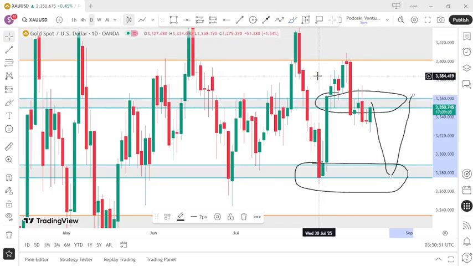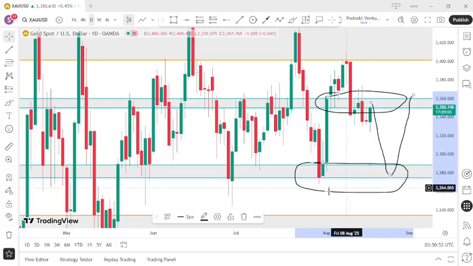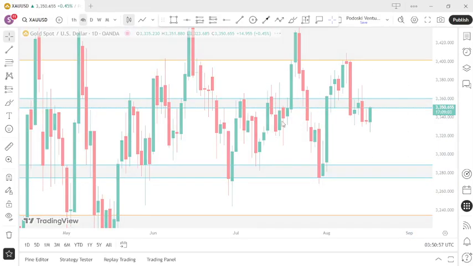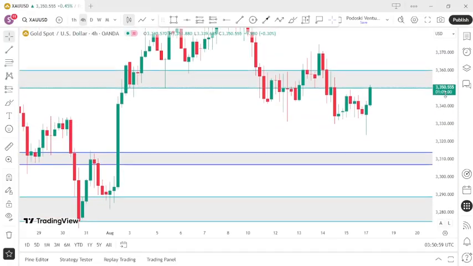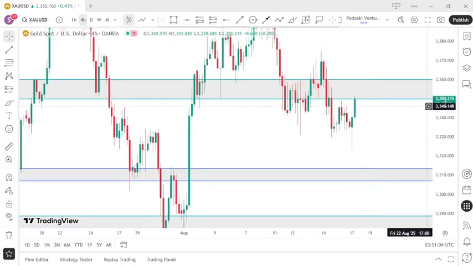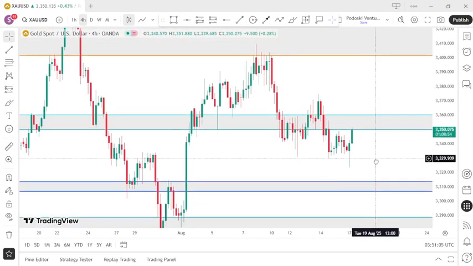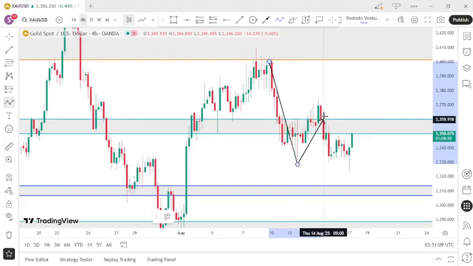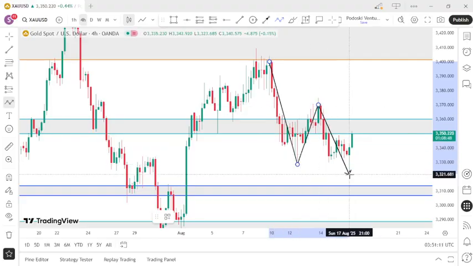So let's go to the 4 hour and see how we prepare for this entry on gold. So here we are on the 4 hour. On the 4 hour, this is a very nice pattern we are seeing. Price is really moving to the downside. So a lower low, lower high, a lower low.